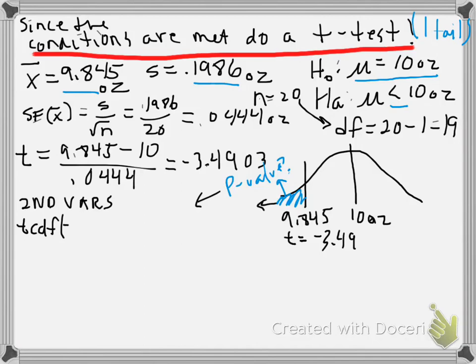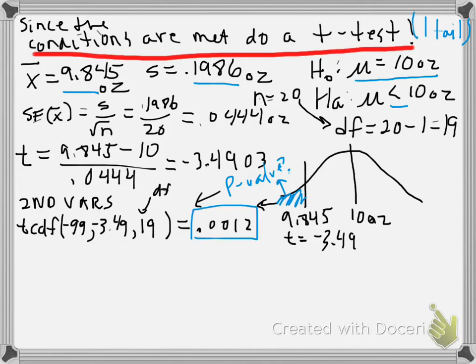So I'm going to say negative 99 to our high t-score, which was negative 3.49. And now we have to put our degrees of freedom in here, because we're doing that particular t-curve. It's different than the normal one, so we're going to put that in. And when I do that, oh, fantastic, we got a p-value. Now we just have to interpret it.